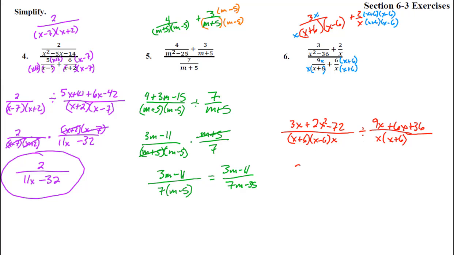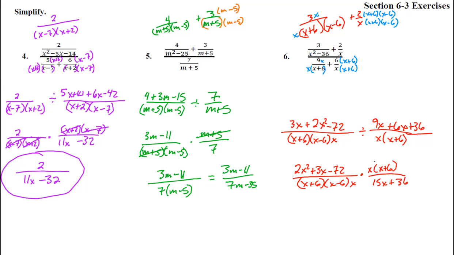So we get 2x squared plus 3x minus 72 over x plus 6, x minus 6, x. Good. Times, this is x times x plus 6 on top, and on the bottom we get 15x plus 36.